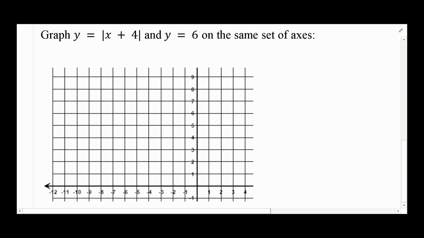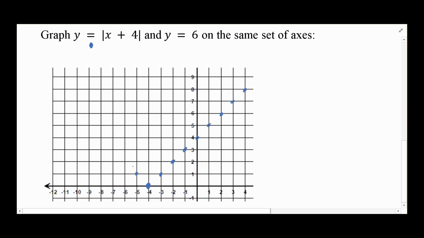Let me go ahead and use color to help us differentiate between these. Let's look at y equals the absolute value of x plus 4, which means a V that's shifted to the left 4 units. So that's going to look something like this.